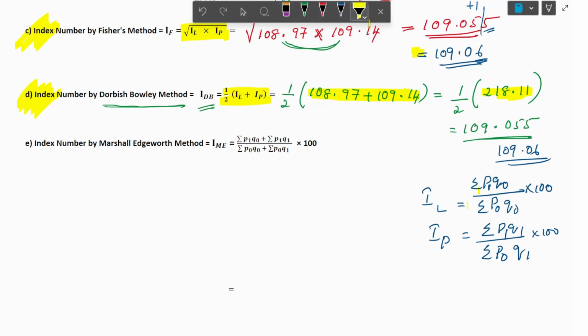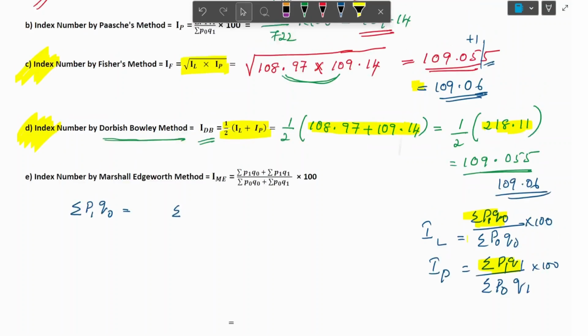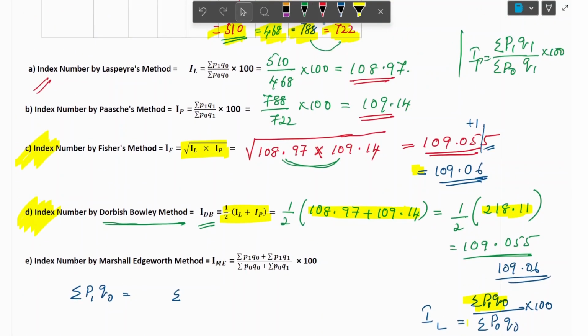Now, these two numerators you are adding, right? Then the denominator also we are going to add. Therefore, in this question, Marshall Edgeworth method, from the table, you write the values here first, because that is an easier way. Sigma P1 Q0, the value, from this one, that is 510.